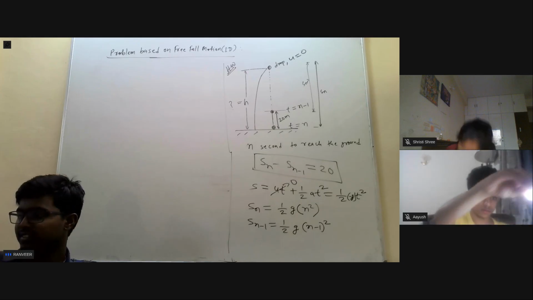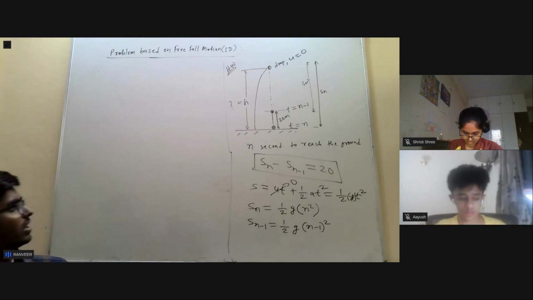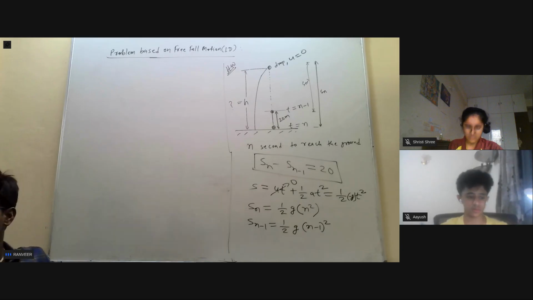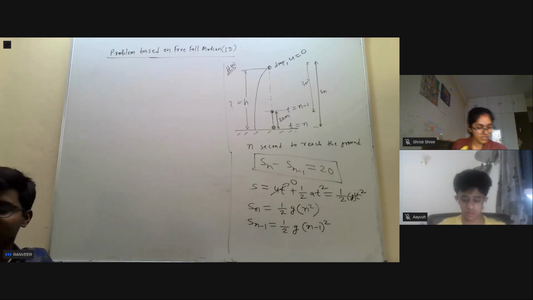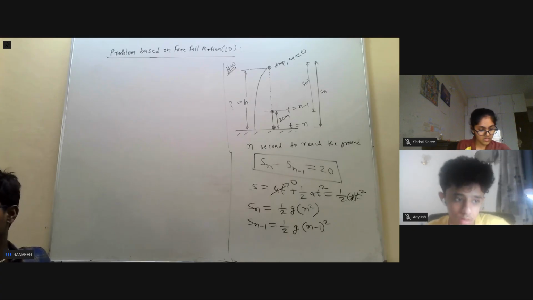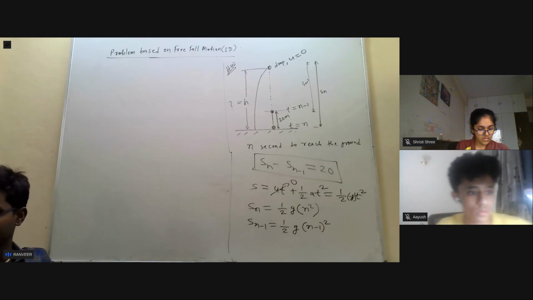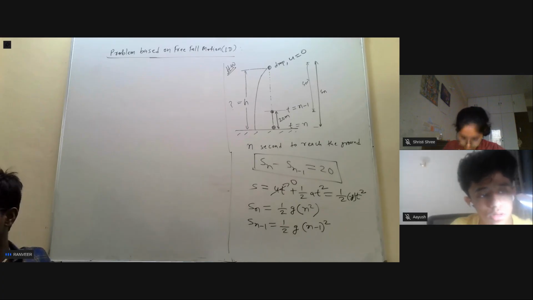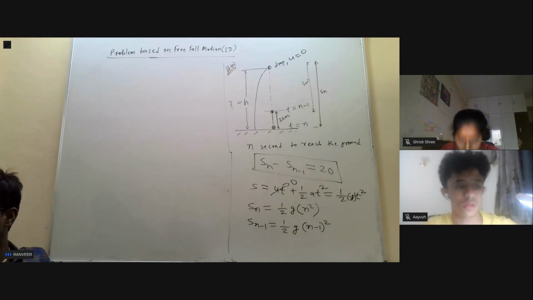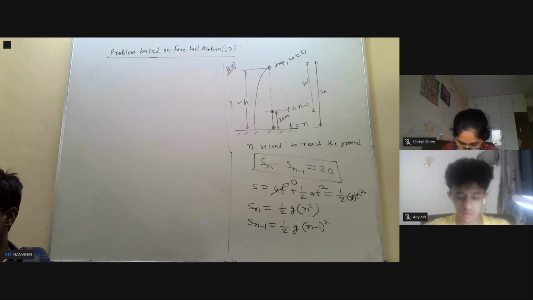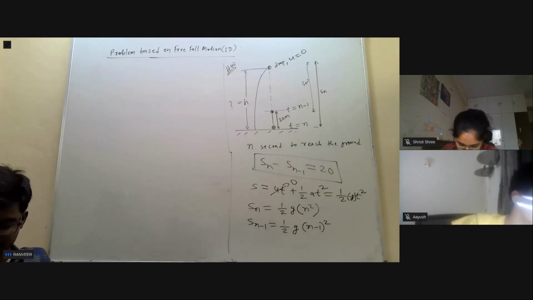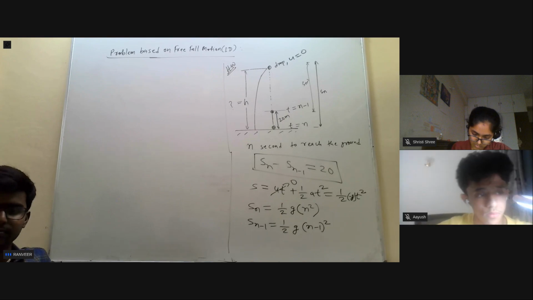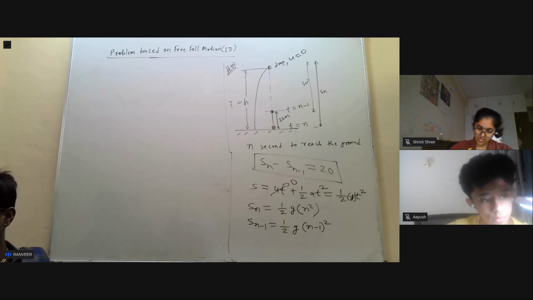What is the answer? 2.5. We do not want n, we want h. What do we want? h. So what is n here? Then can you calculate the height? Height is 31.25.